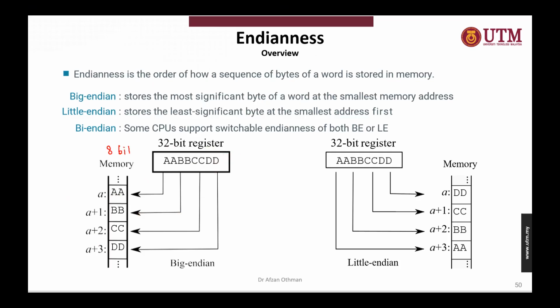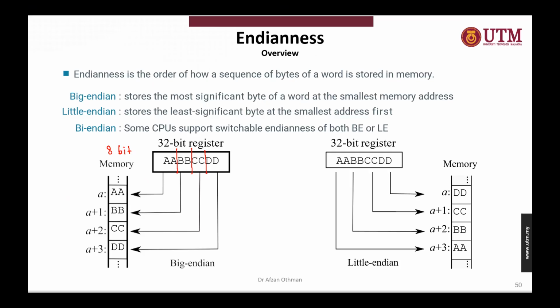Now, how are we going to store it using big endian and how to store it using little endian? First, since it is a 32-bit number, we need to divide it into 4 bytes, 8 bits by 8 bits.